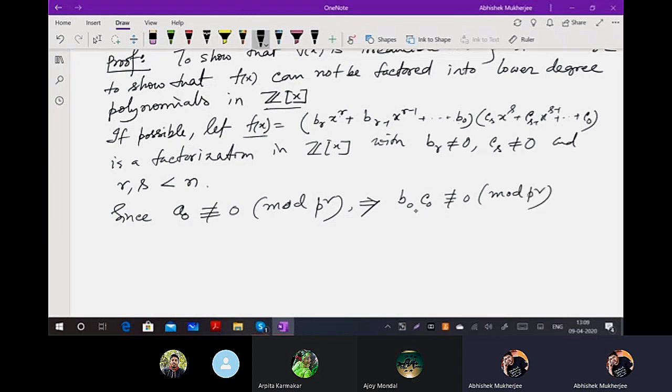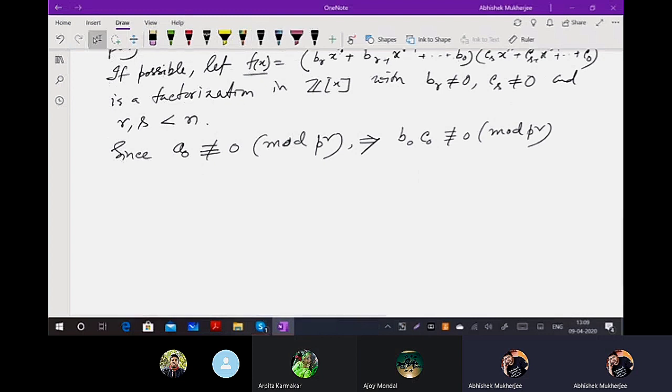That is, a_0 is b_0 c_0, and this implies b_0 is not congruent to 0 mod p, or c_0 is not congruent to 0 mod p, or both. That is, either p does not divide b_0, or p does not divide c_0, or both.